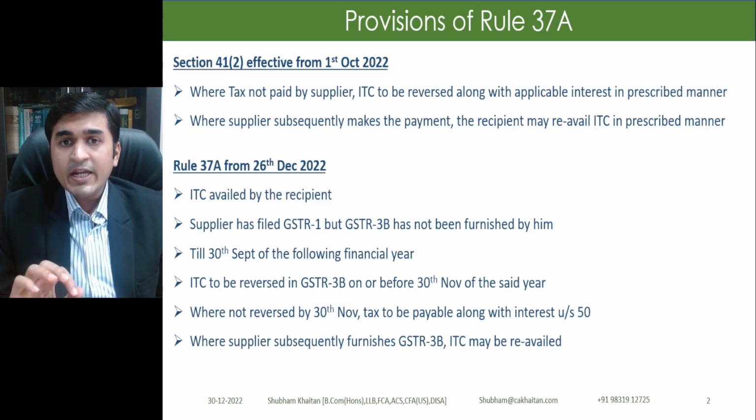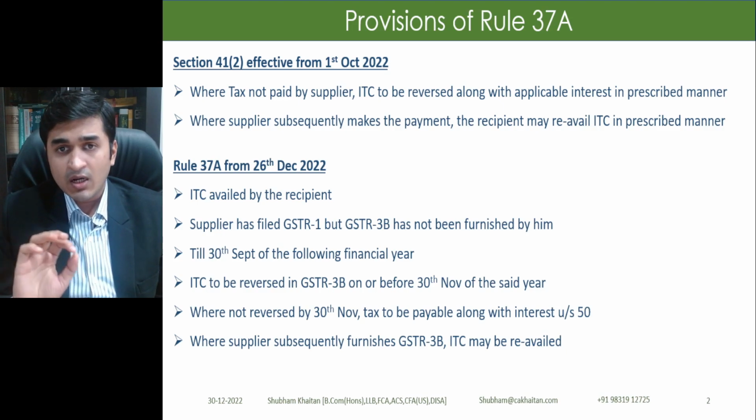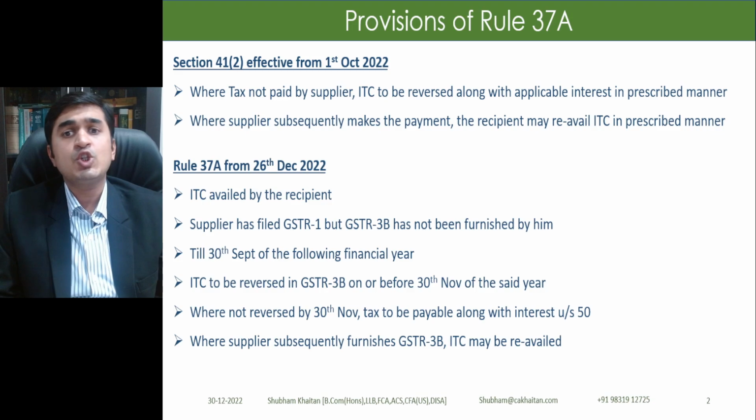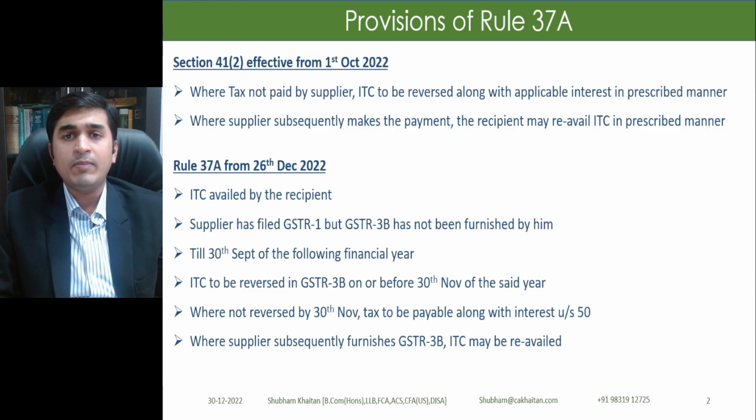So one needs to check the invoice date and the date on which it has been shown in GSTR 1. If the invoice has been shown in, let's say, September 22, and it is not furnished by the supplier in his GSTR 3B by September 23, in that case the reversal of ITC is required by 30th November 23.